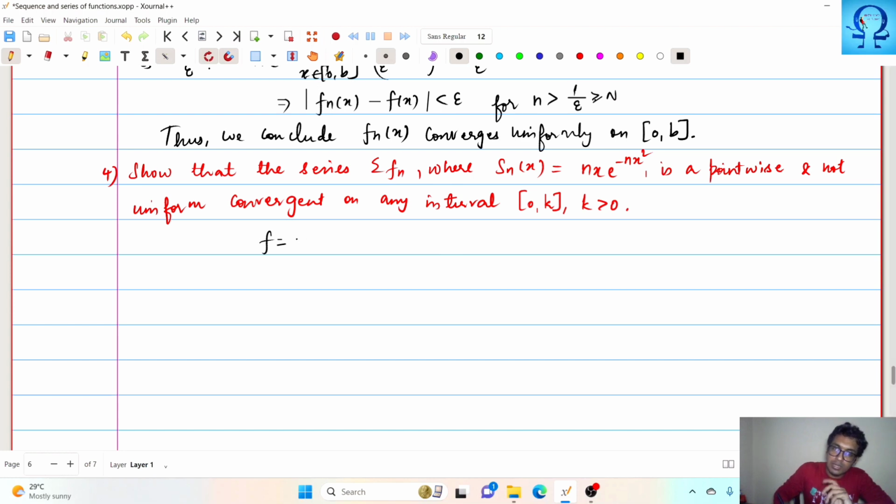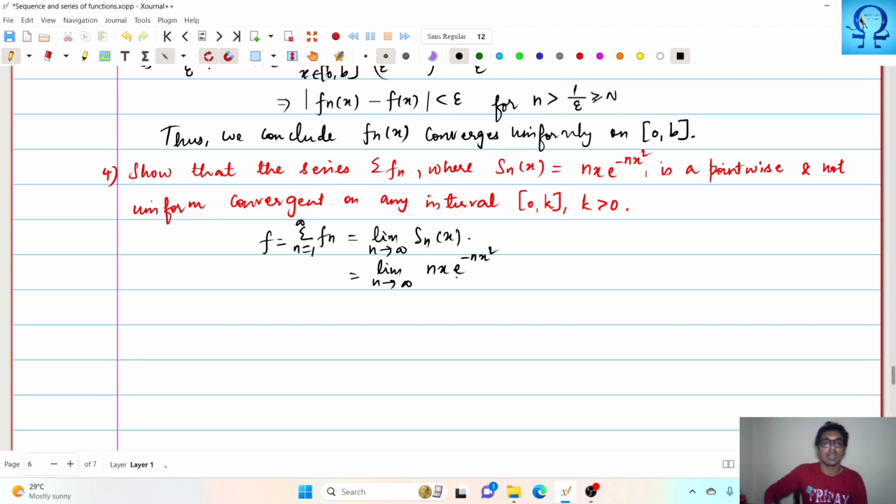First of all, we shall find out the pointwise limit. What is the pointwise limit? That is summation n runs from 1 to infinity fn, which is nothing but limit n approaches infinity of the partial sum Sn of x. So this is nothing but limit n approaches infinity nx e to the power minus nx square. Here we are letting n go to infinity. So this exponential term will make us go to 0, whereas this product nx term will make us go to infinity.